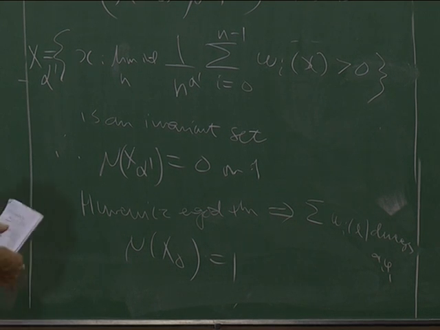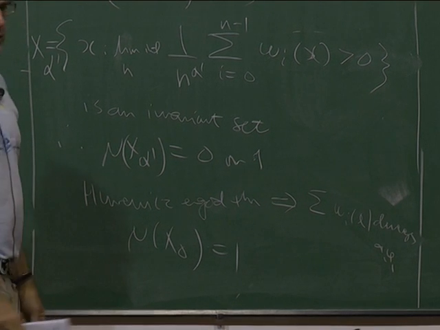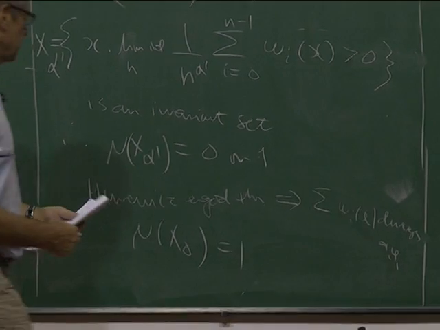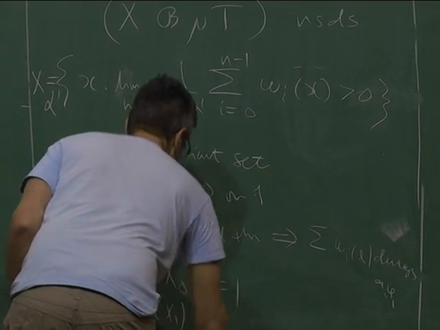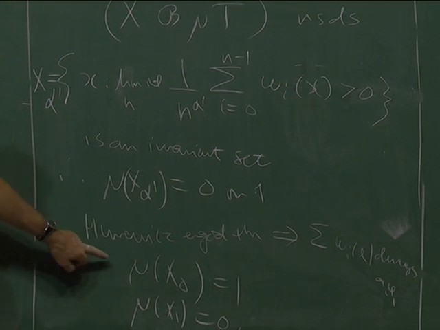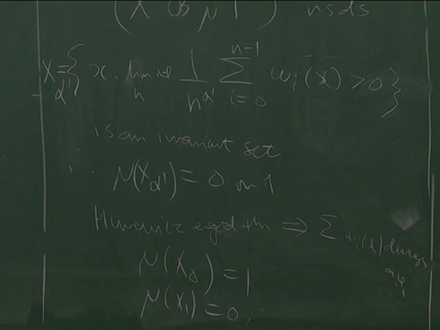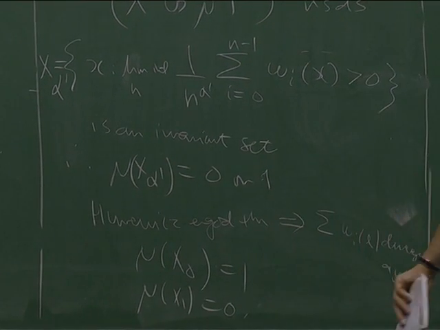On the other hand, if I put alpha equal to 1, then it always converges, which I'm not going to show you, but mu of x1. And that means that somewhere in between 0 and 1 there will exist an alpha where the measure changes from 0 to 1. And that we'll call the lower critical dimension.